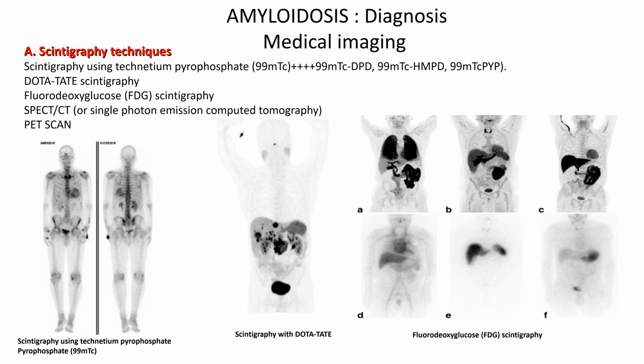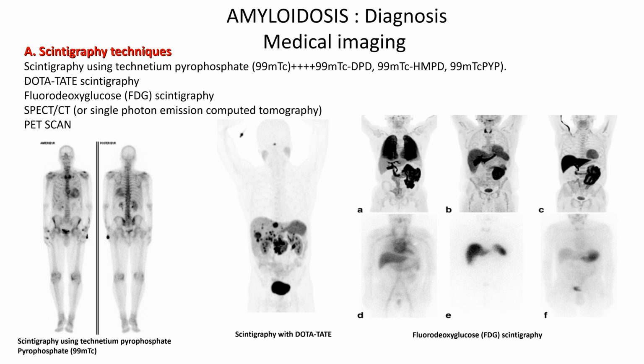Non-invasive, unlike biopsies, PET scan doesn't require surgery, which reduces the risk to the patient. Accurate visualization, it allows real-time assessment of amyloid deposits in different organs, facilitating differential diagnosis.